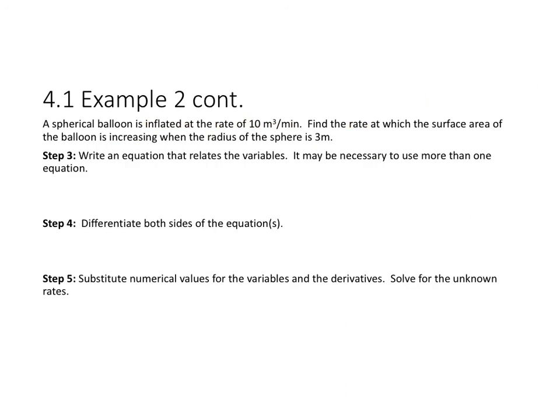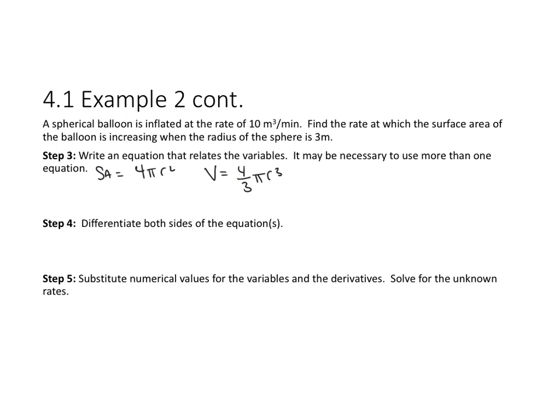Now in step 3, we're going to write out our equations. So let's see, the surface area for a sphere is 4 pi r squared. The volume for a sphere is 4/3 pi r cubed.